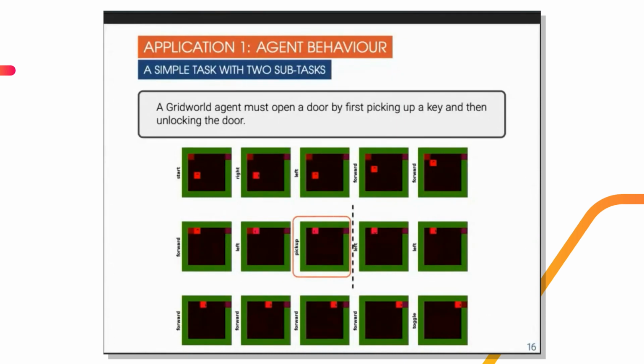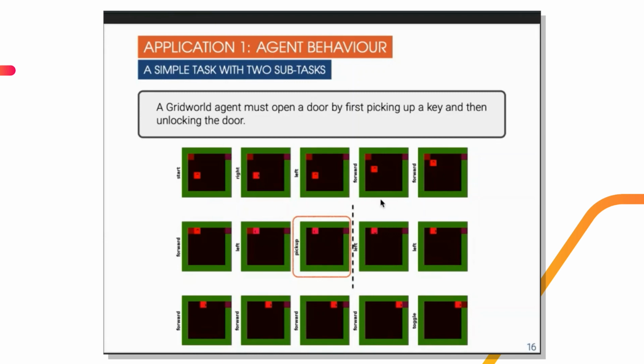So far we've considered a very simple scenario: a reinforcement learning agent in a grid world maze, where the agent must unlock a door. The red blob here is the agent, this slightly darker red blob is a key, and this thing in the green wall here is the door.